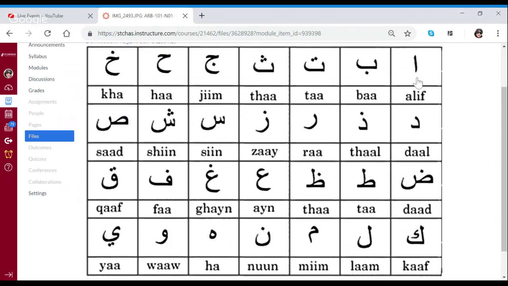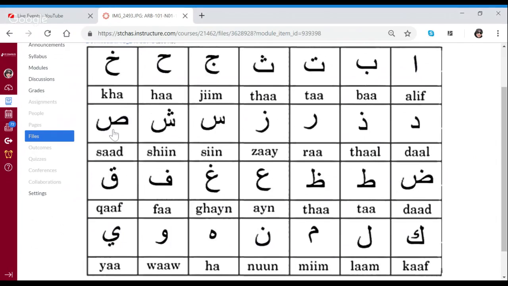Aleph, Aleph. Ba, Ba. Ta, Ta. Tha, Tha. Jim, Jim. Ha, Ha. Kha, Kha. Dal, Dal. Thal, Thal. Ra, Ra. Zay, Zay. Sin, Sin. Sheen, Sheen.